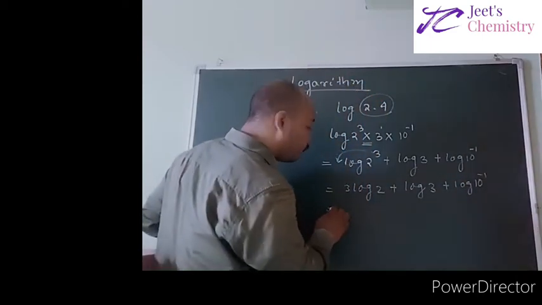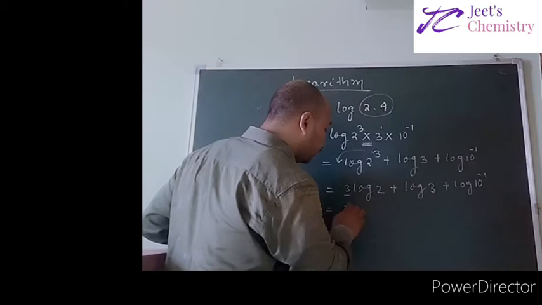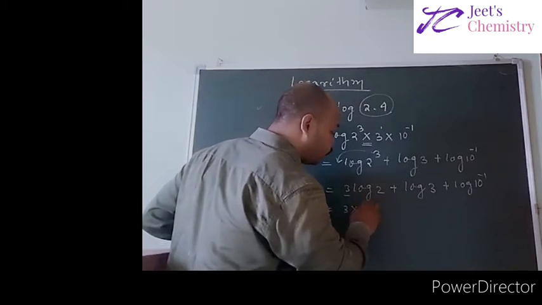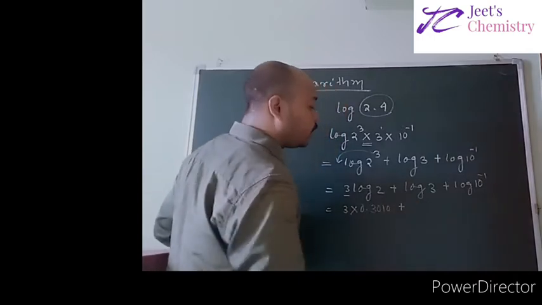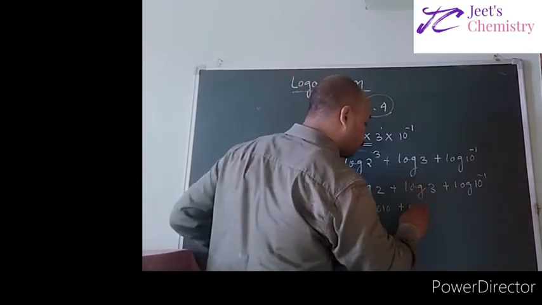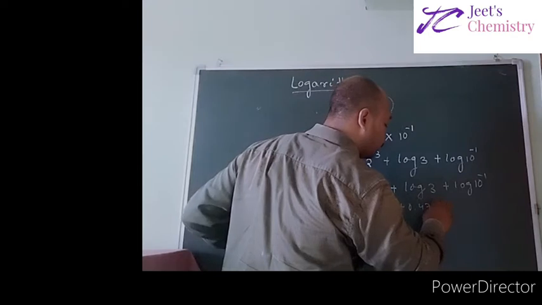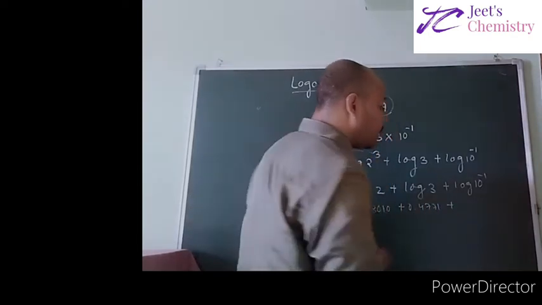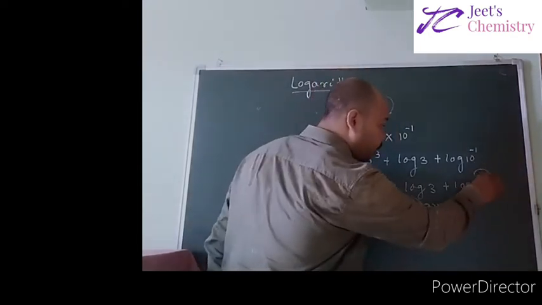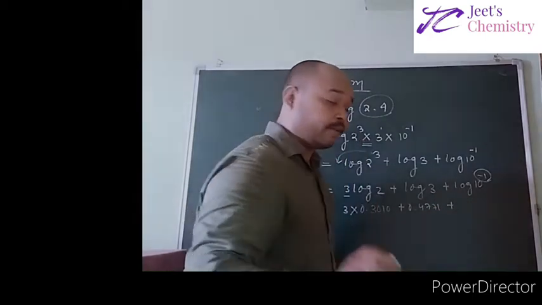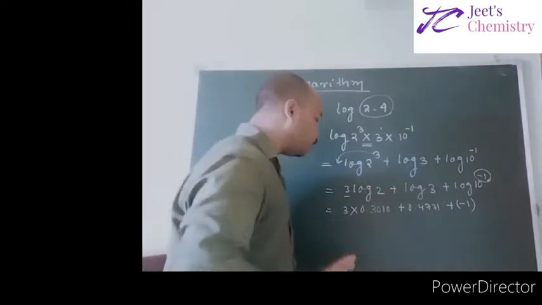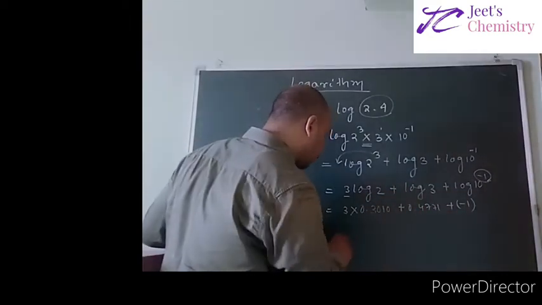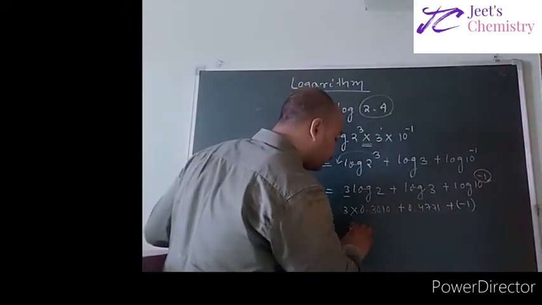Now putting the values: log 2 is 0.3010 plus log 3 is 0.4771 plus, I told you 10 to the power of any power will be equal to that power, so I am putting the value minus 1. Now solve this.